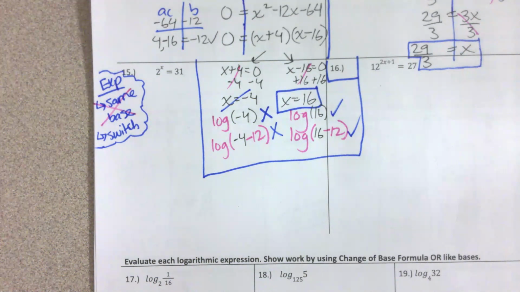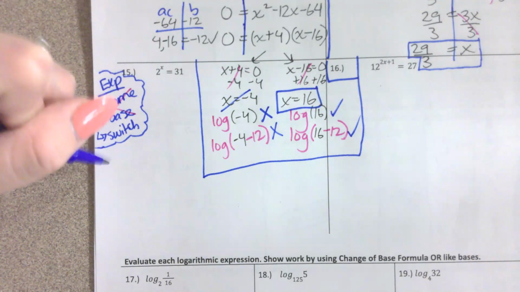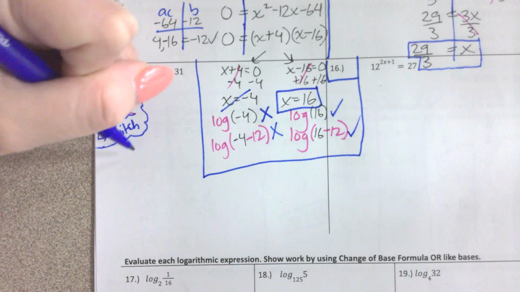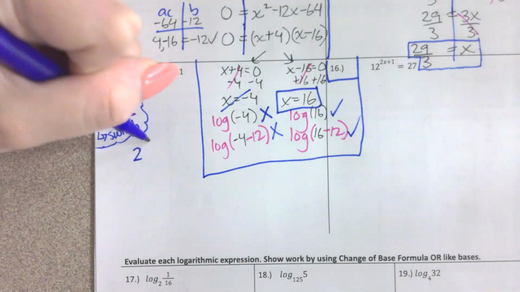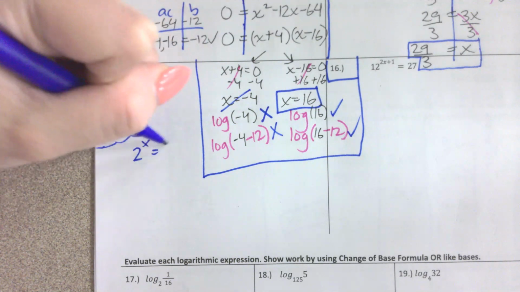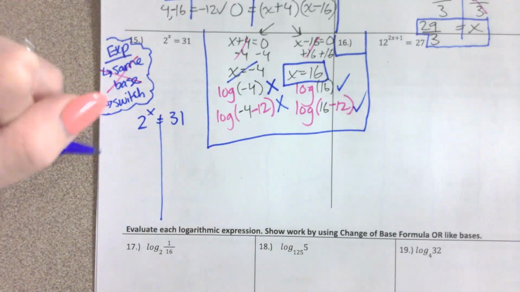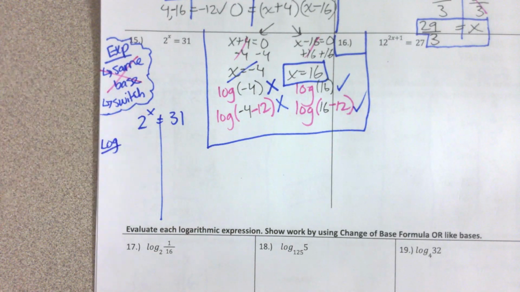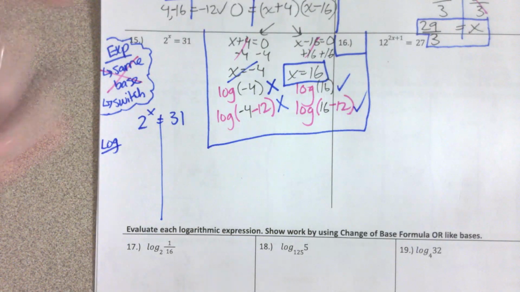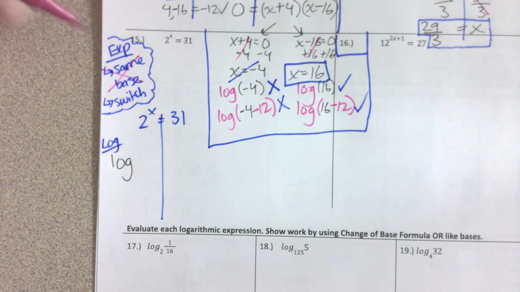All right. So it's in exponential form. I want it in log form. And I'm going to bring this down here just because I'm about to run out of space if I try to squeeze it in up here. So again, I want it in log form now if I'm going to switch it. So this is log, base stays base, the other two switcheroo.